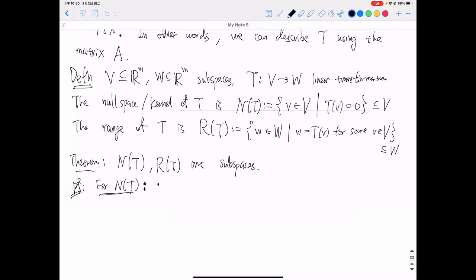So first thing is 0 is in N of T, because T of 0 is always 0, and this requires a little bit of a proof, and we should actually check this on the side.